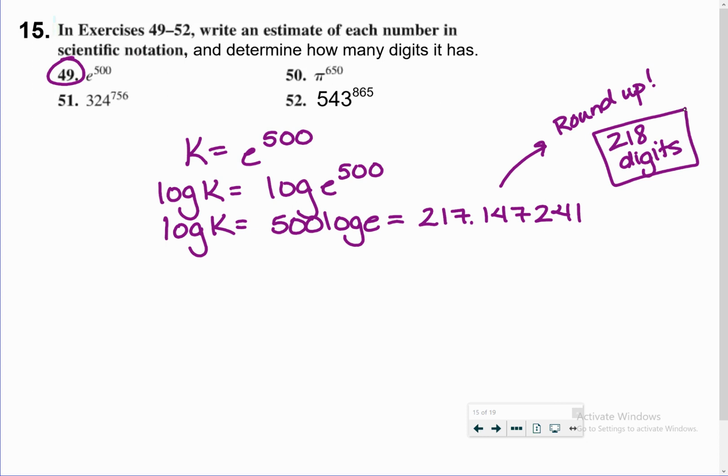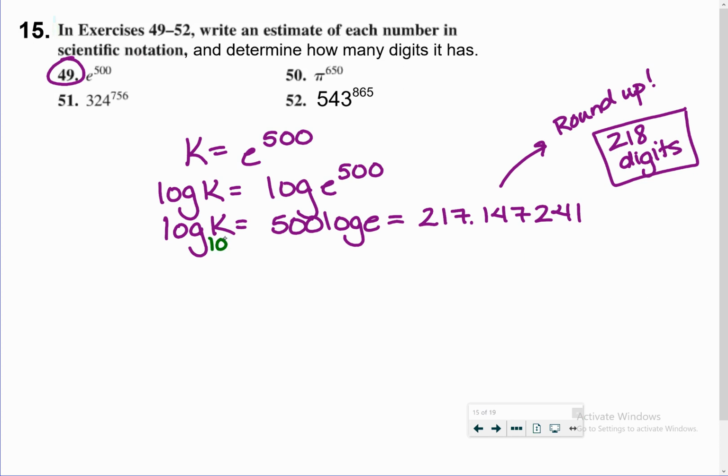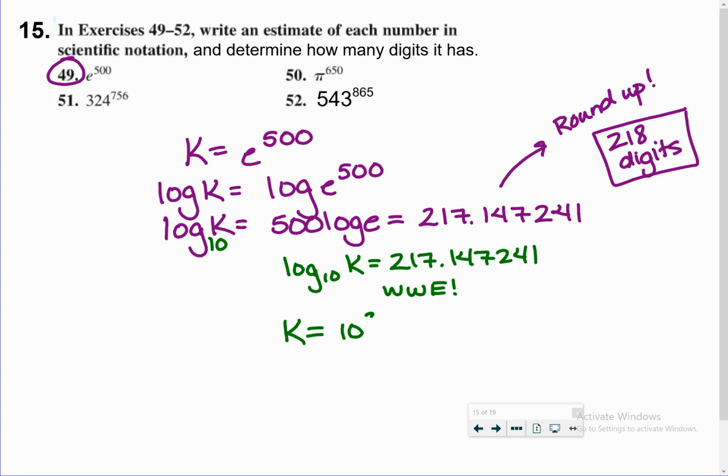Okay. Now, to get the number in scientific notation, remember this log is a log base 10. So I have log base 10 of k equals all that stuff. The next thing we do is write with exponents to solve for k. K equals 10 to this big power, all the decimal places.